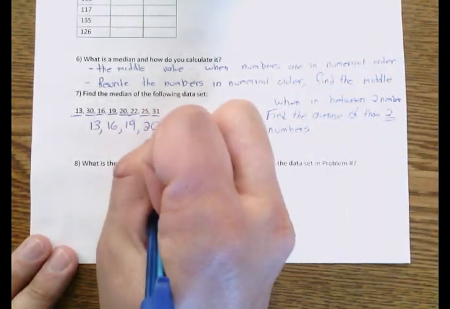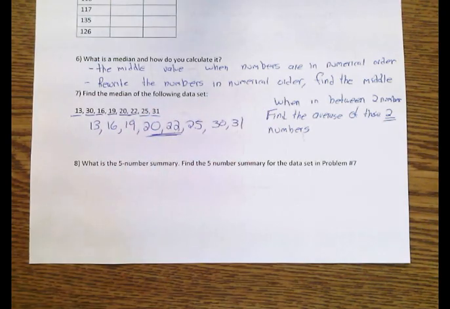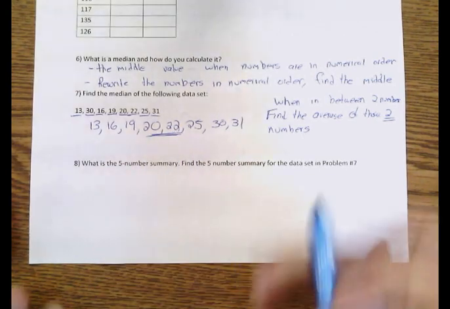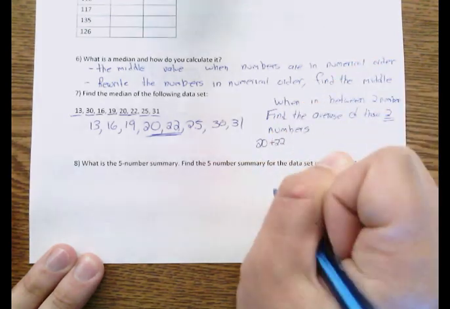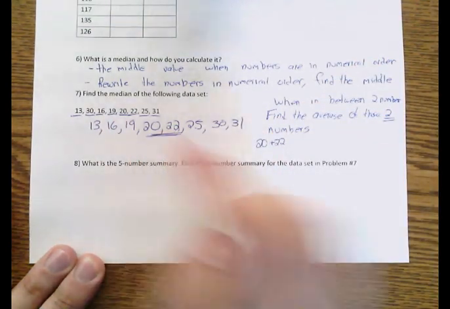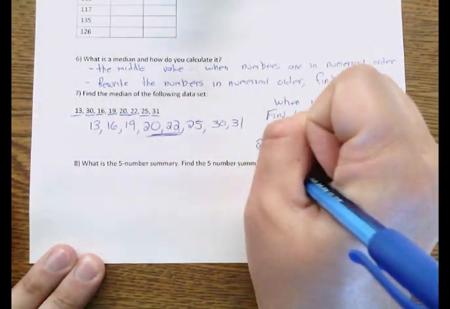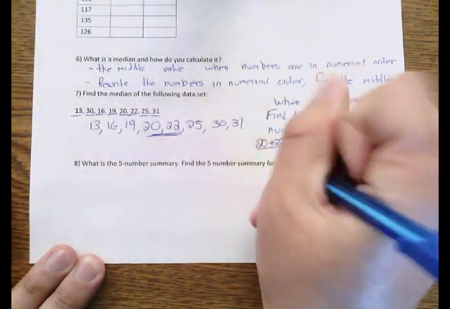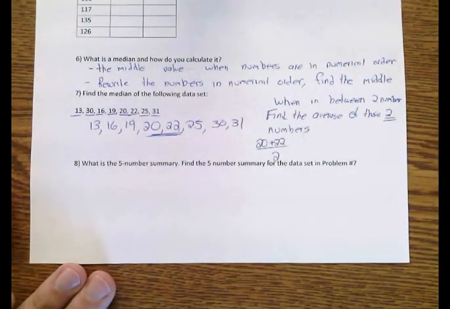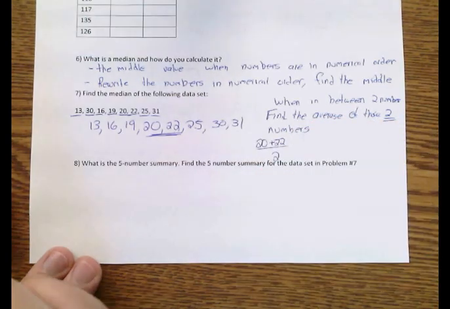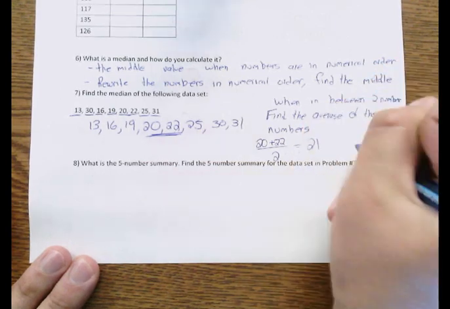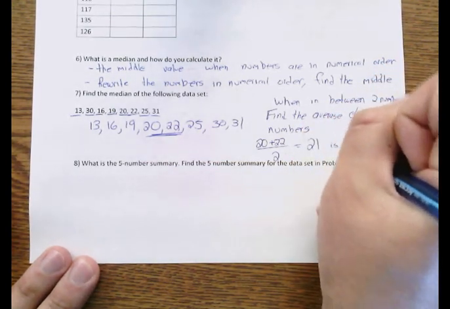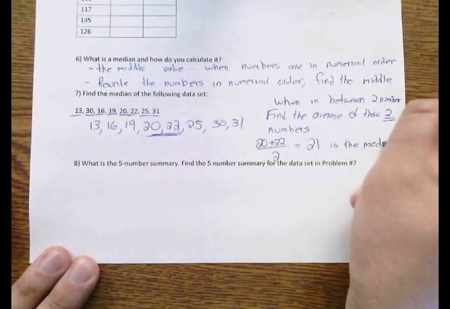To find my median, I'm stuck between 20 and 22, so I need to find the average of these two numbers. The average is adding the numbers together, so 20 and 22, not all of them, just the ones I'm taking the average of. Then I divide by the total amount of numbers there, which is 2. So 20 plus 22 divided by 2. 20 plus 22 is 42. 42 divided by 2 is 21. So 21 is the median.